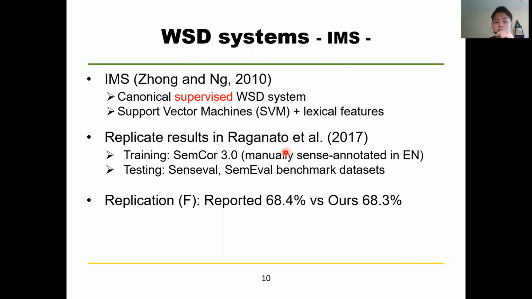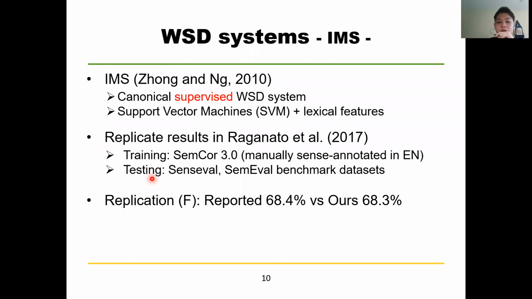And also, recent WSD work has been evaluated mainly on their evaluation framework. So instead of focusing on the original paper, we try to focus on the Raganato et al. work.